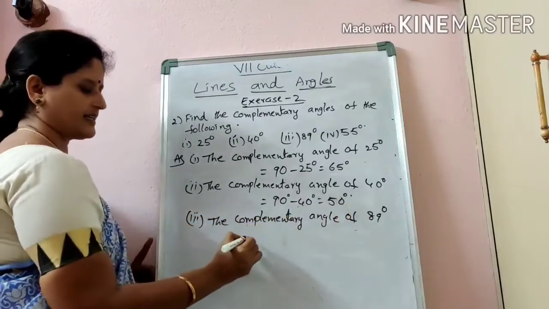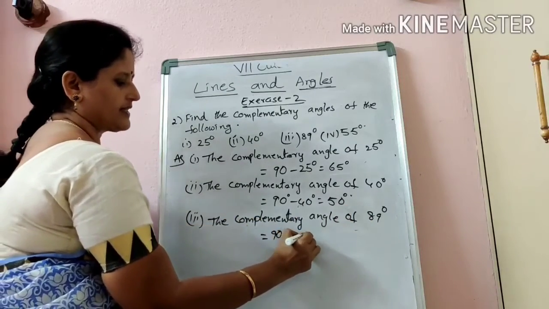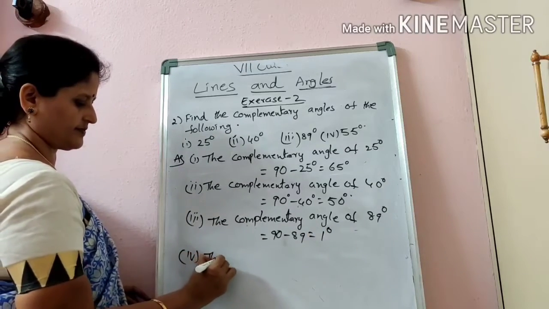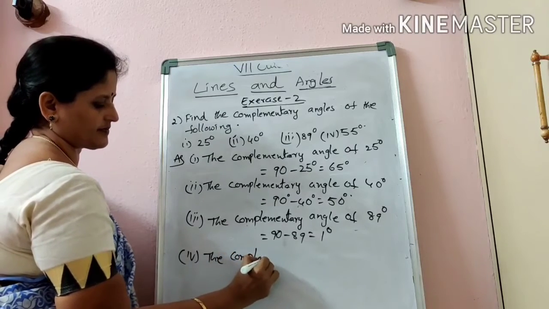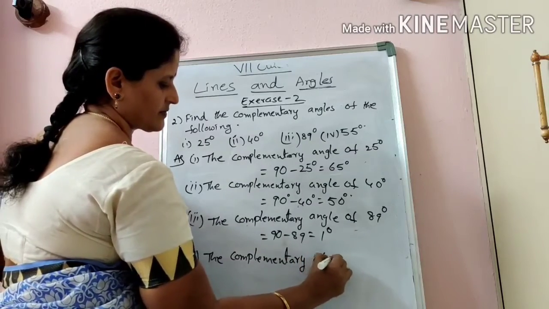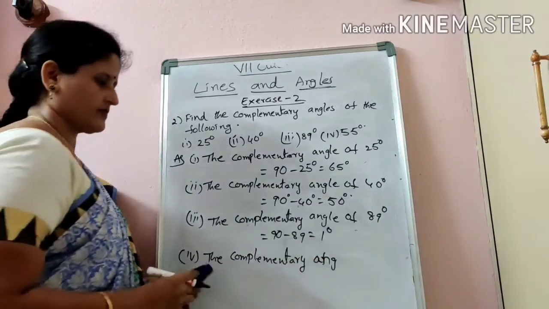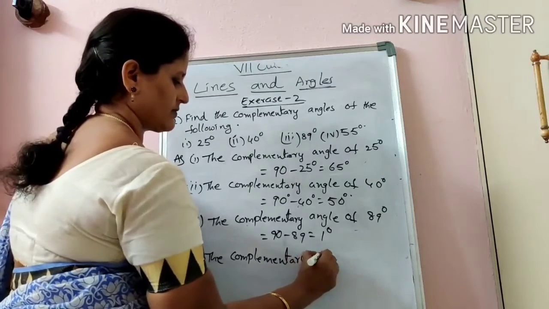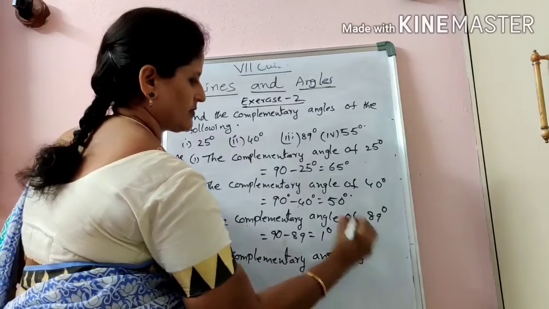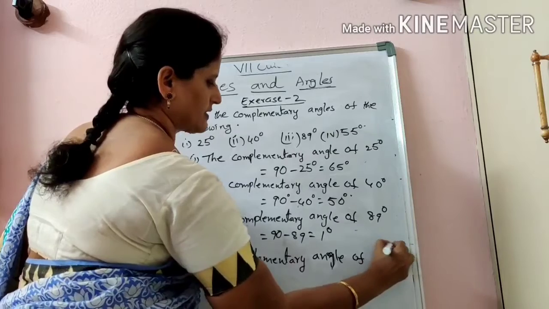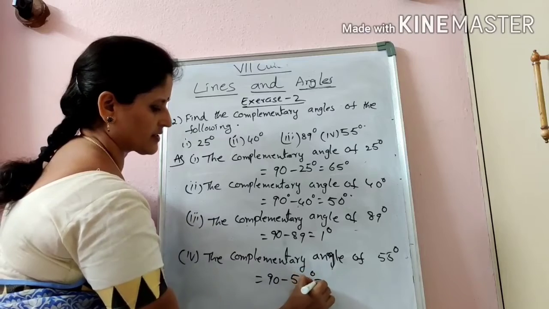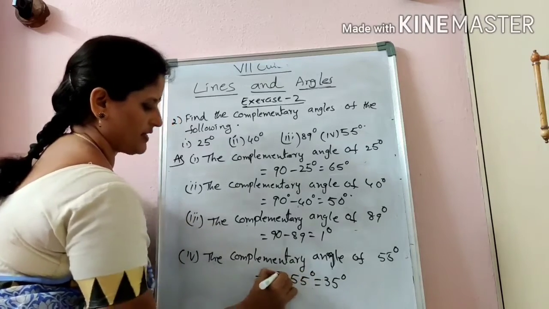The complementary angle of 89 degrees is equal to 90 minus 89, 1 degree. Next, 90 minus 55 degrees is equal to 35 degrees.